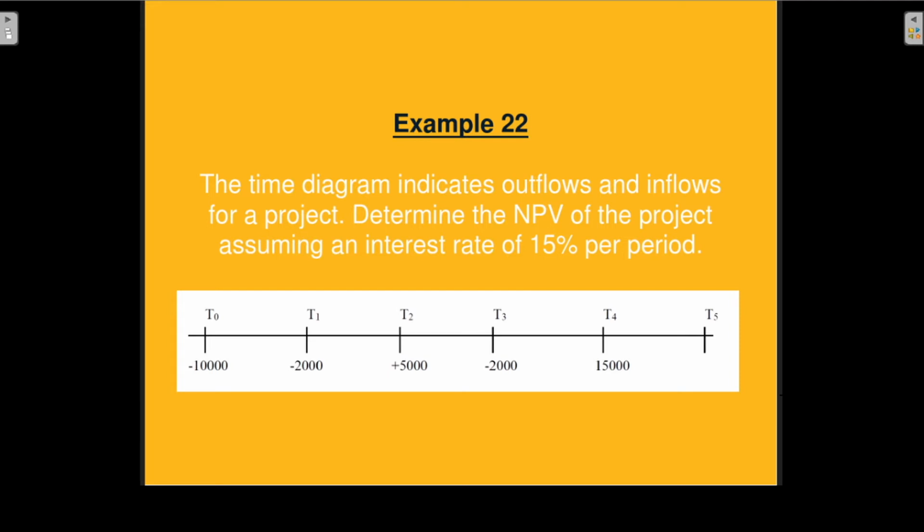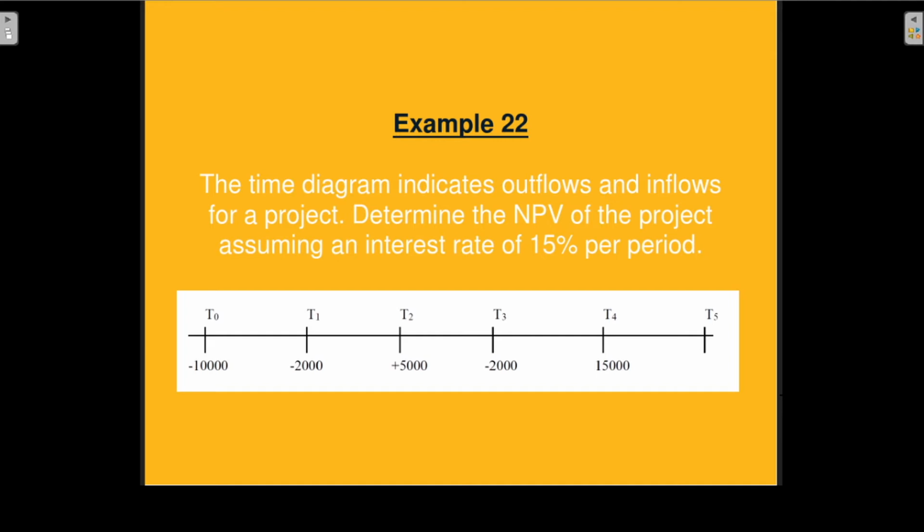So what we see on the timeline is that this investor will invest 10,000 rands at time T0, then invest a further 2,000 rands at time T1. Then after 2 years, the investor will receive 5,000 rands. After 3 years, the investor will invest a further 2,000 rands.